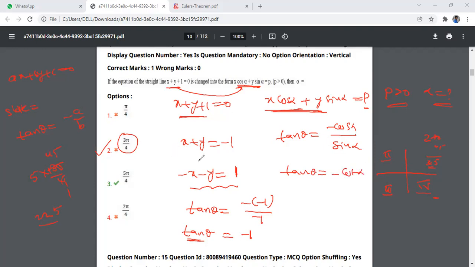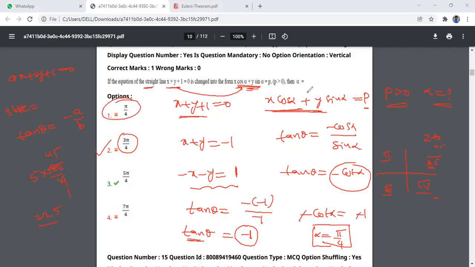Now these two equations are same, so we have to equate these two slopes. Now minus cot alpha is equal to minus 1. So minus minus cancel. Alpha is equal to just pi by 4, because we are getting cot alpha is plus 1. Alpha is pi by 4 means this is our option. Okay.